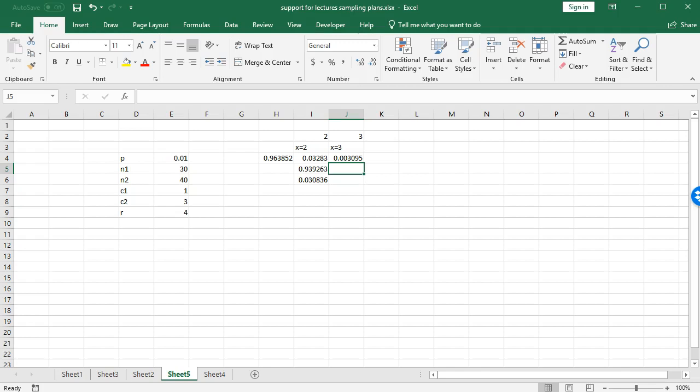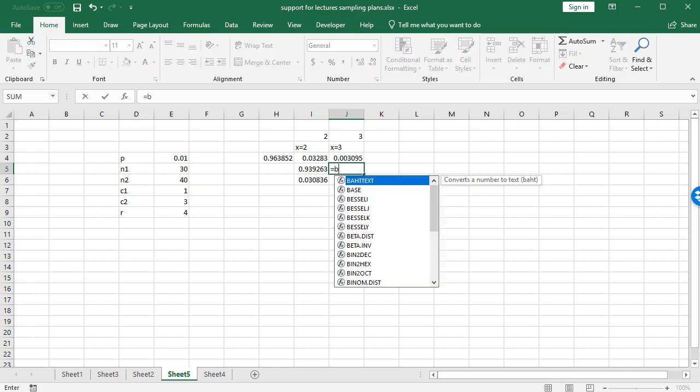Using the same logic with x equals 3, in the first sampling process we obtain 3 defects. Now we have to have exclusively 0 in the second in order for us to be able to accept the plan on the second sample.